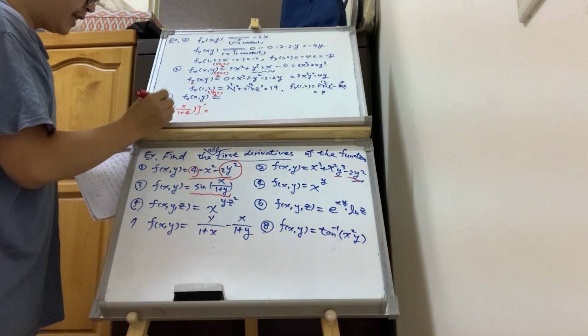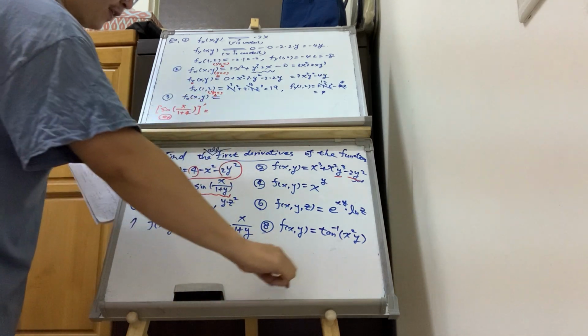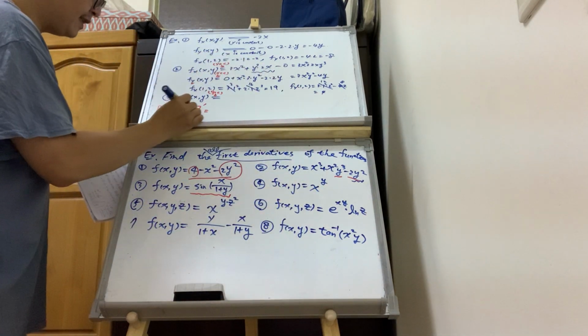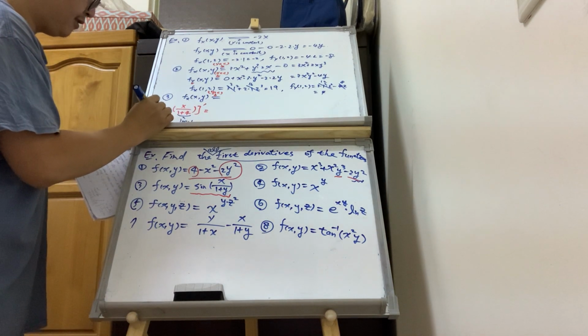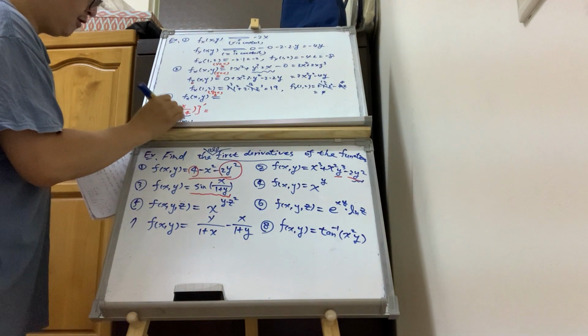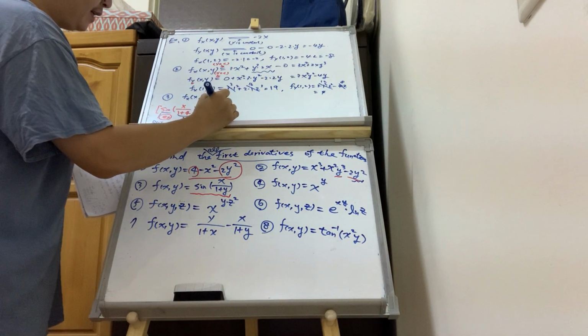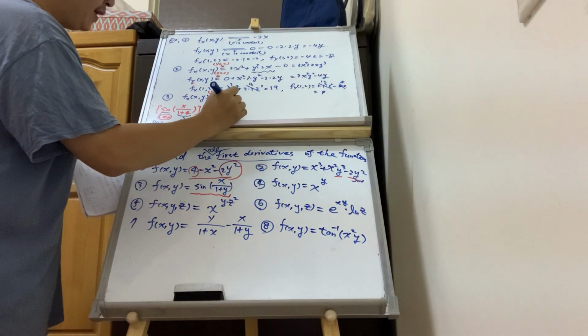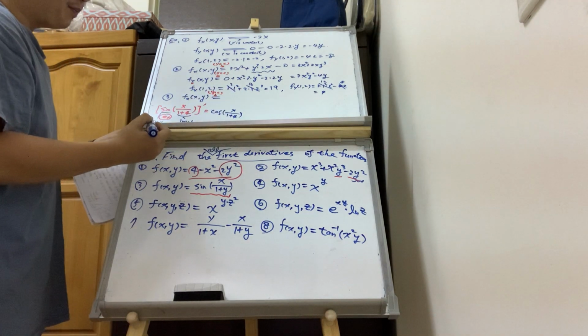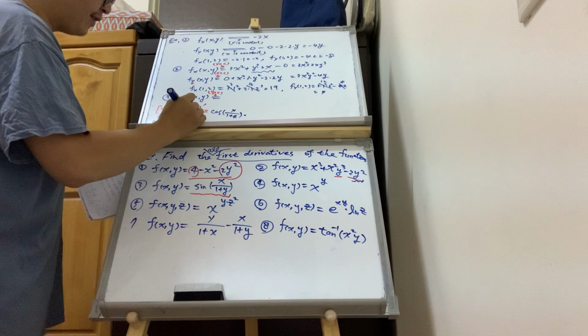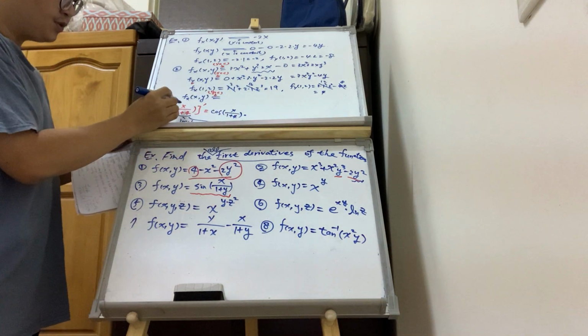Its derivative, here is the inside function, and here is the outside. The outside function's derivative is cosine, and the inside we keep, x over 1 plus 4, multiplied by the inside function's derivative.